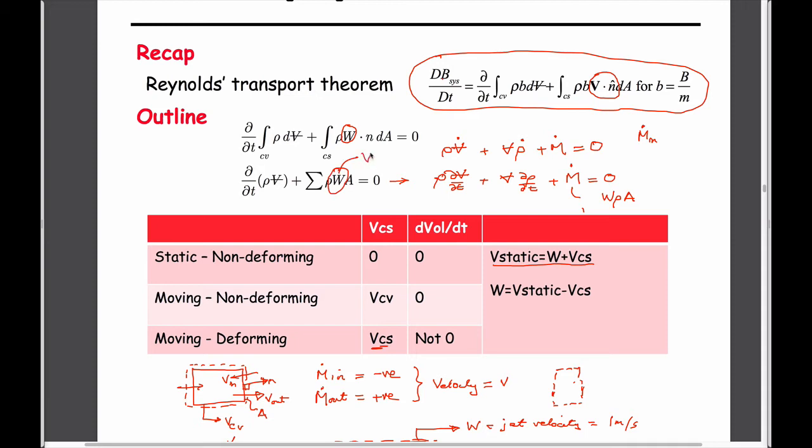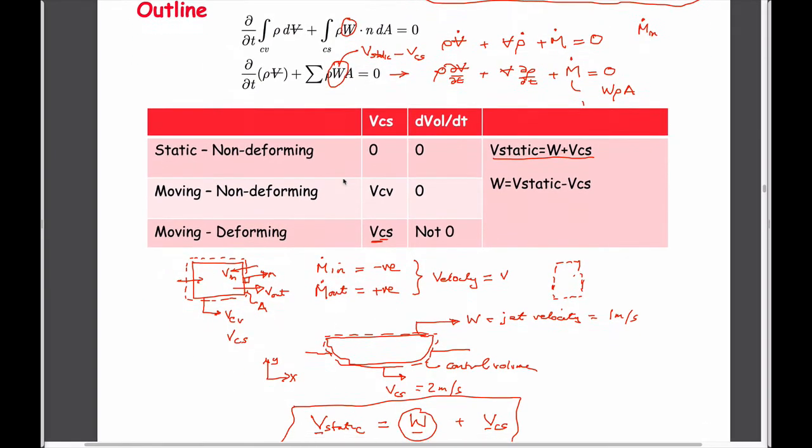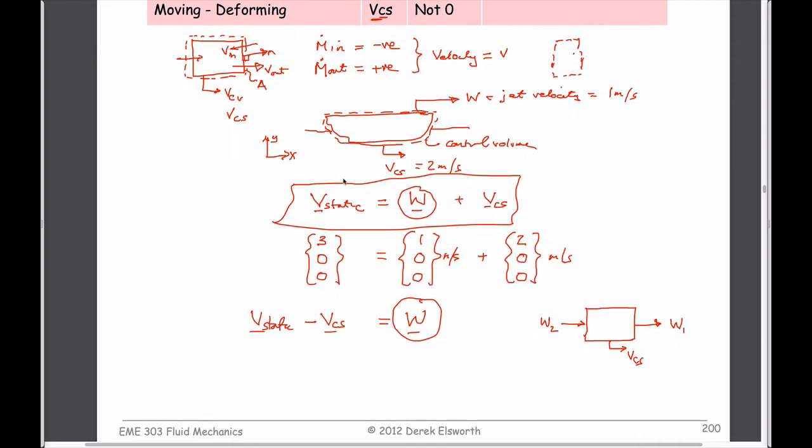And this is going to be V static minus V control surface, right? As a scalar. So hopefully that's not too complicated. But that's basically what we're attempting to do. And so all that matters is the relative velocity that comes out of it. And we have to calculate what that relative velocity is for the system.